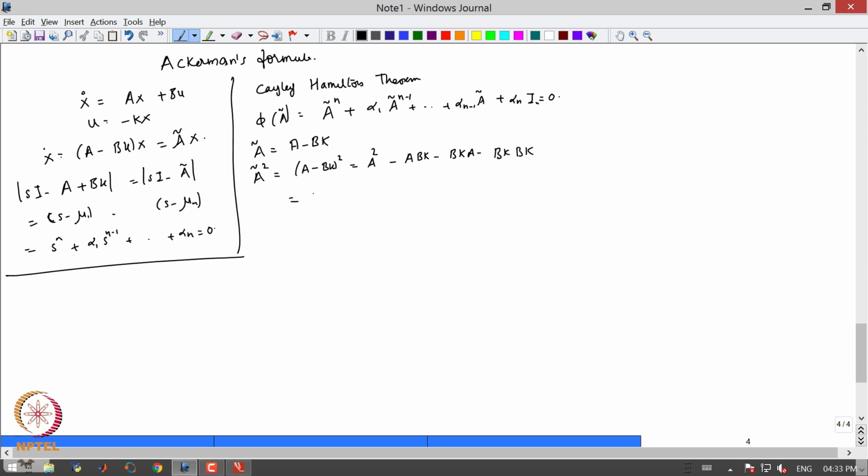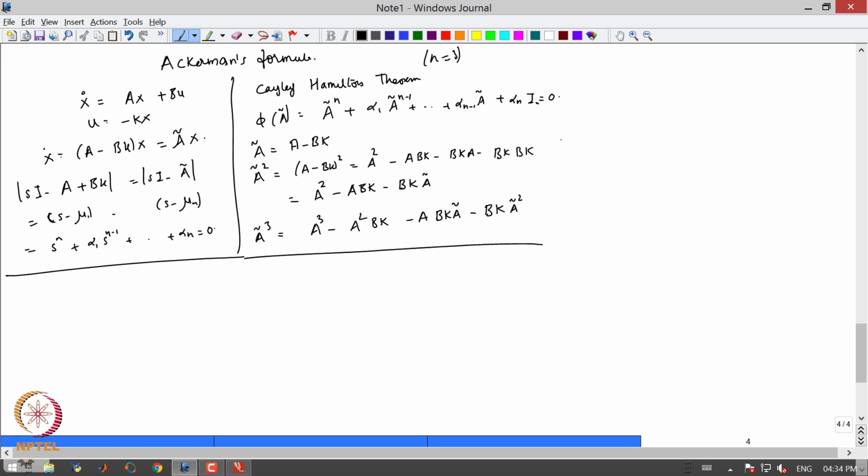I can also write this in a little simplified way as A square minus A bk minus bk A tilde. Similarly, A tilde cube can be written as A cube minus A square bk minus A bk A tilde minus bk A tilde square. I will just do the proof for n equal to 3 again for simplicity, and to avoid ugly looking computations.